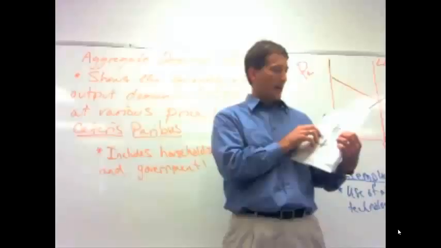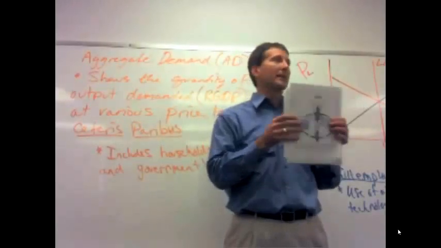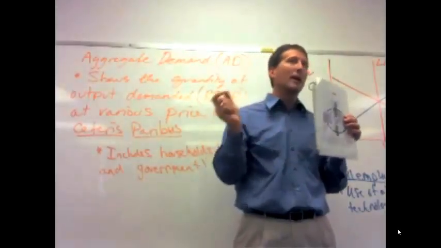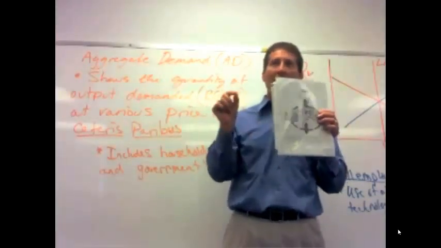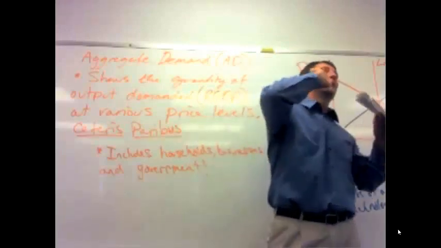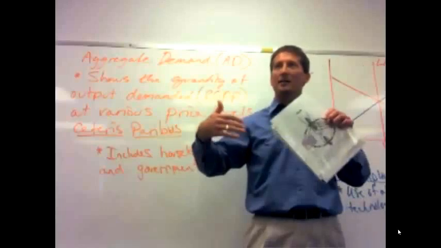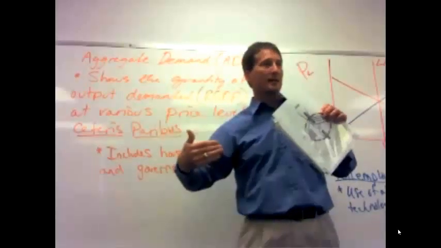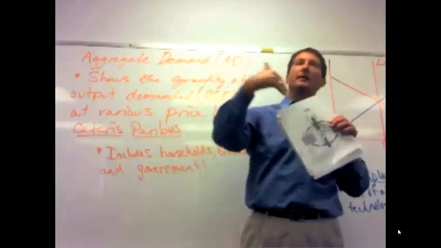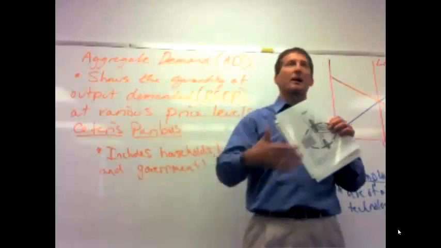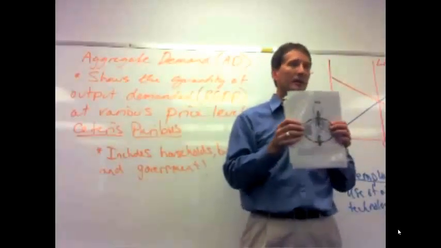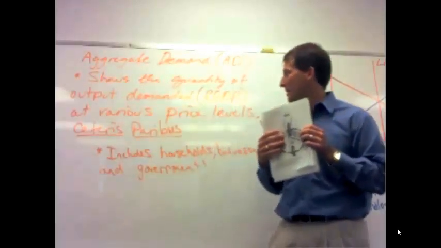Then investment and government expenditure come in at about 20% each. Investment is not going to the bond market and buying bonds. We're back to real economics here of businesses buying machinery, adding on to their business, buying capital equipment. So investment takes about 20%.